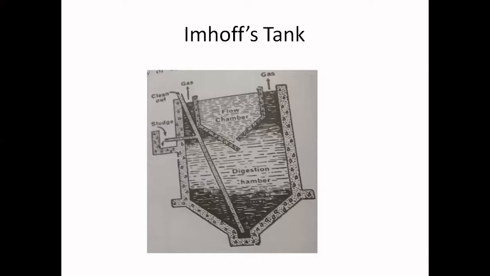It is provided with gas vents, which are also known as the scum chamber. It is the portion above the digestion chamber and by the side of the sedimentation chamber. The gases formed in the digestion chamber are collected in the gas vent area, or they may be allowed to escape into the atmosphere.